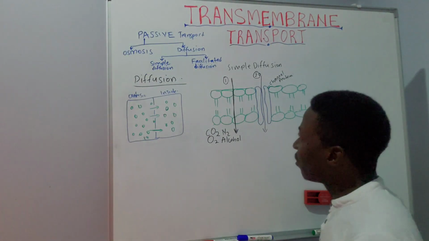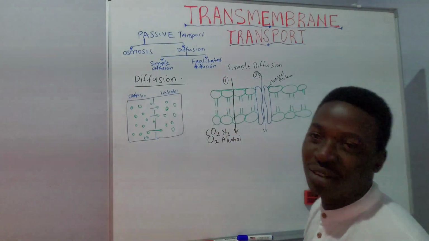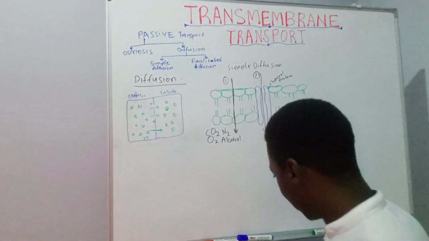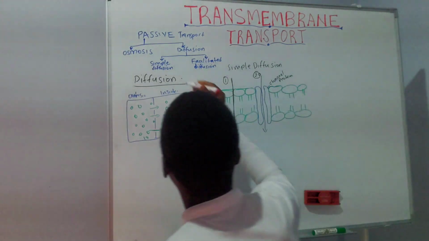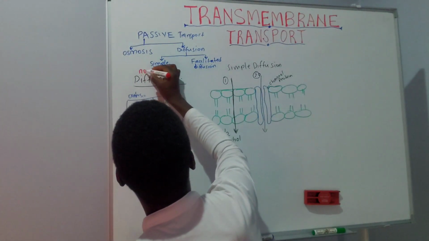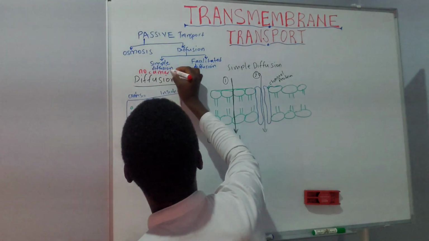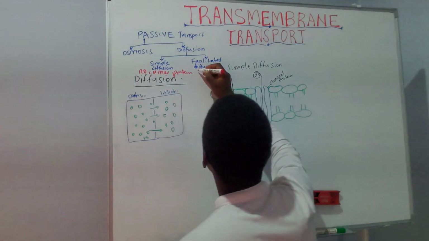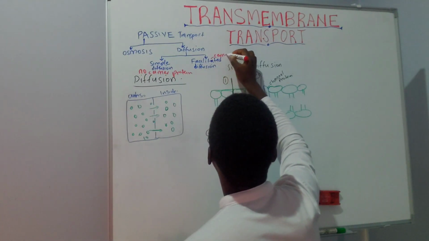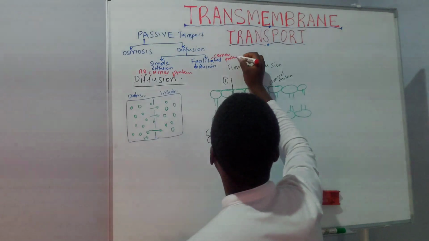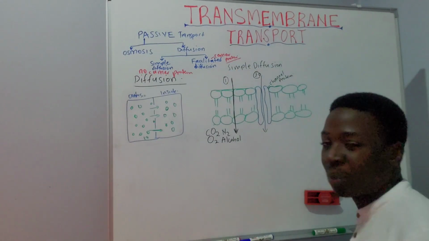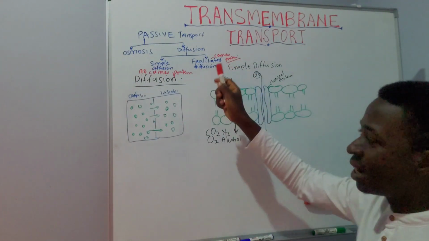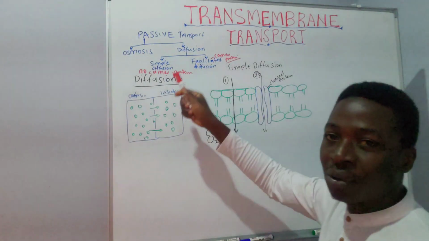The biggest difference between simple and facilitated diffusion is that simple diffusion does not require a carrier protein, whereas in facilitated diffusion, you need to have a carrier protein. I'm going to expand much more about carrier protein when we reach there. So you need a carrier protein in facilitated diffusion and no carrier protein in simple diffusion.